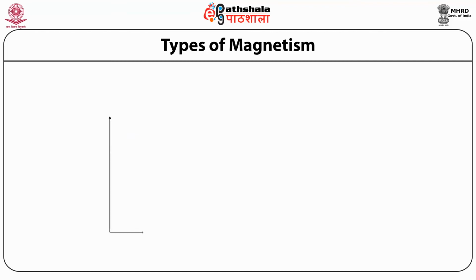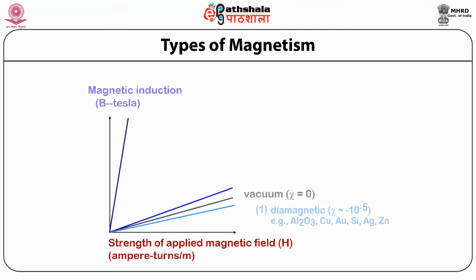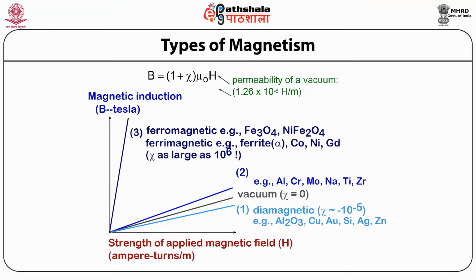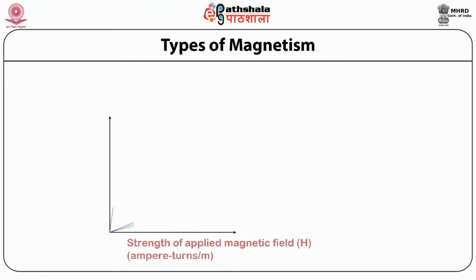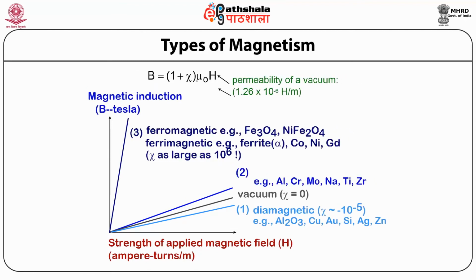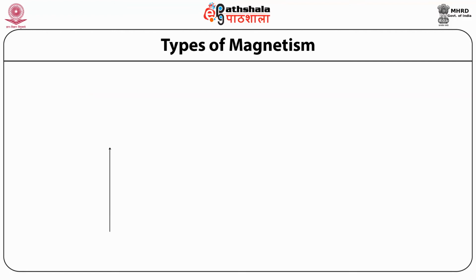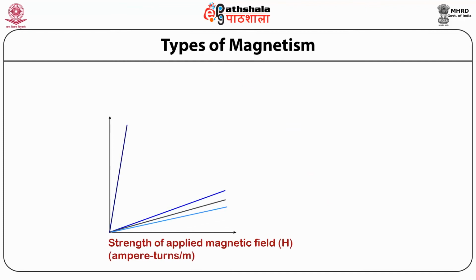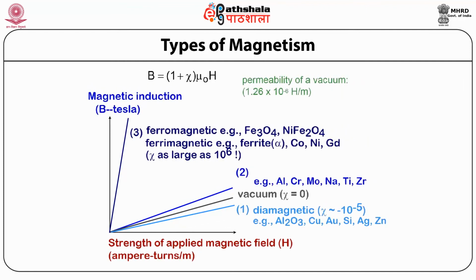Now, from this slide, in continuation with the previous slide, you can see that the materials which have high susceptibility, where it is greater than 0, are the ferromagnetic materials. And some of the examples which we have discussed earlier are iron oxide. Ferrimagnetic materials are also present, and examples are ferrite, cobalt, nickel, and so on.